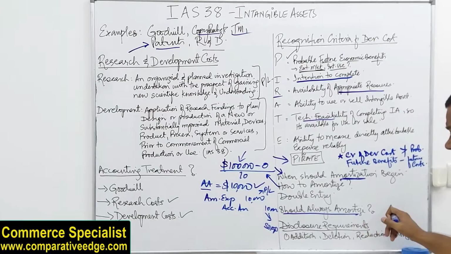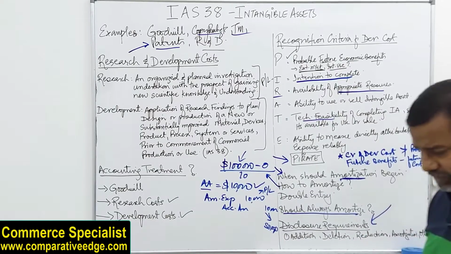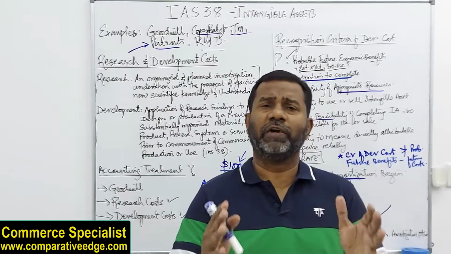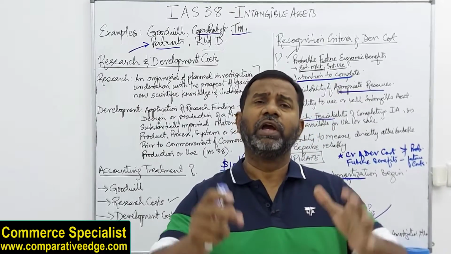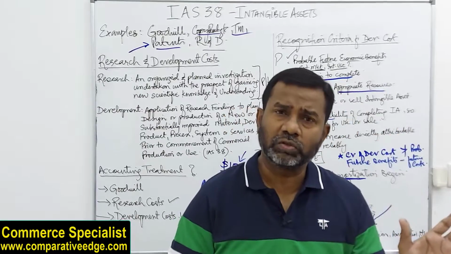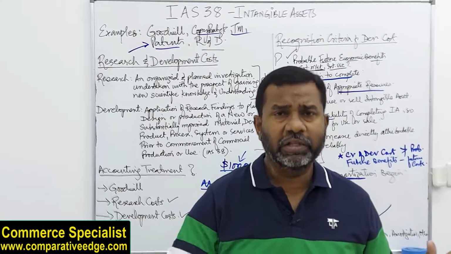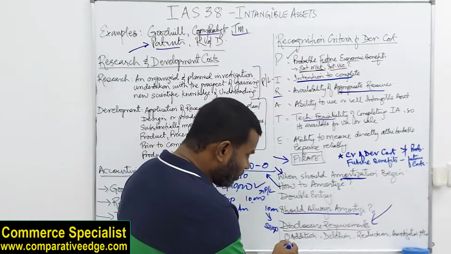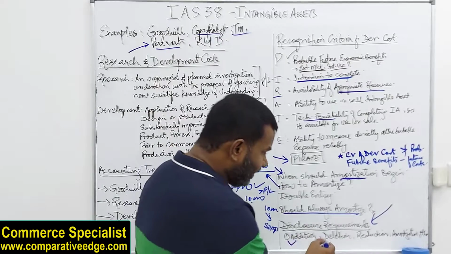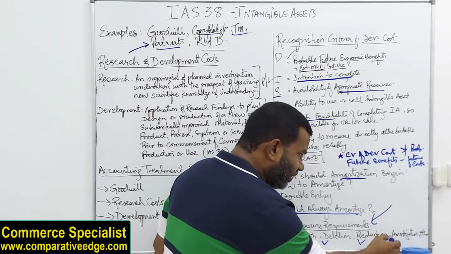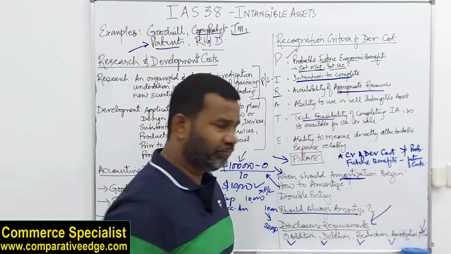Then we are talking about the disclosure requirements. According to IAS 38, the disclosure requirement for financial statements is that we have to have a reconciliation of the opening balance of intangible assets with the closing carrying value, taking into consideration all the additions made during the year, all the deletions made during the year, any reductions during the year, any amortization or any other movement.